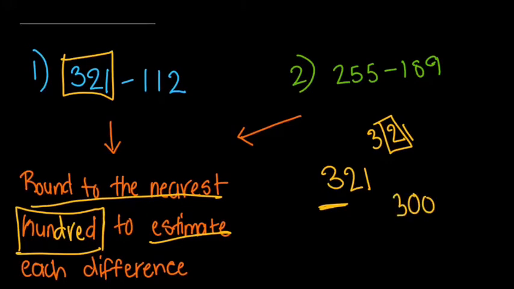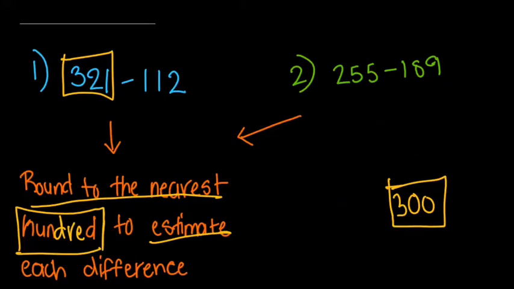Since it's closer to 0, they both become zeros. So our new value is 300. We rounded 321 to 300, so that is the first number that we rounded.